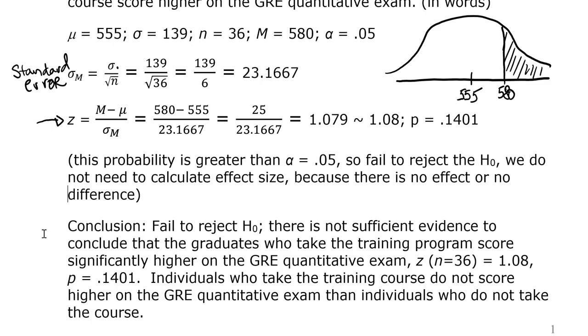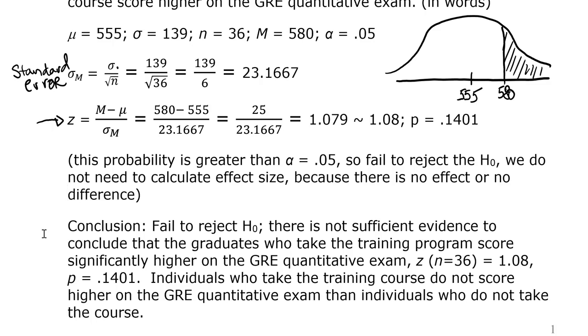There is not sufficient evidence to conclude that the graduates who take the training program score significantly higher on the GRE quantitative exam, Z(n = 36) = 1.08, p = 0.1401. Individuals who take the training course do not score higher on the GRE quantitative exam than individuals who do not take the course.